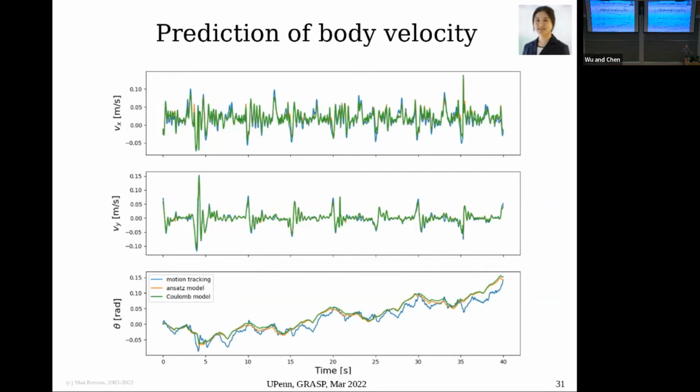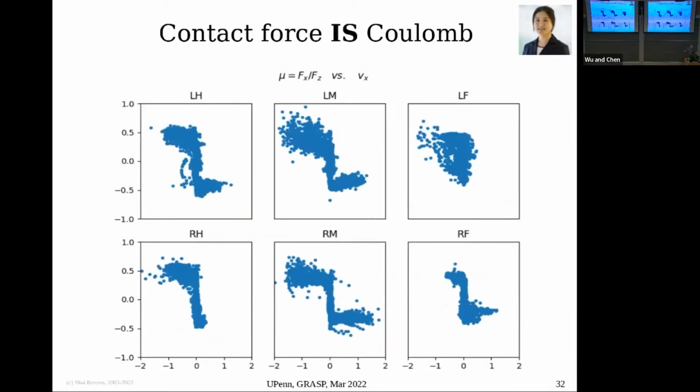And so our ansatz, which has completely the wrong physics, gives us basically the same answer as Coulomb friction. And it turns out that the contact force, in fact, is Coulomb friction. So what we did here is we divided the horizontal force by the normal force and look at it as a function of velocity. And you see this nice clear step function, which is exactly what you want to see in Coulomb friction.